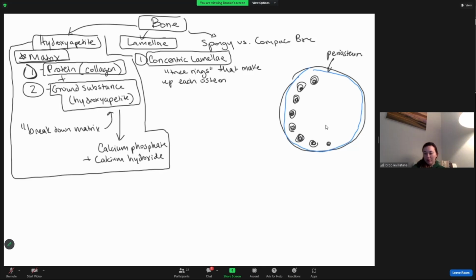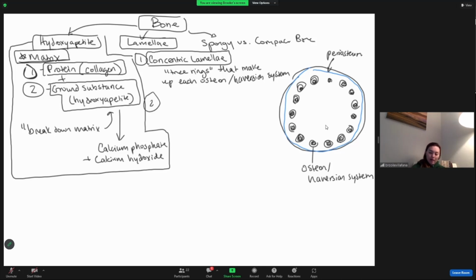Remember how we showed you that blackboard, you had to draw the picture? So let's picture there's osteons right here that I'm drawing, each of these being an osteon or a Haversian system. And remember that would have our concentric lamellae. So that's our first type of lamellae. They basically go around like tree rings, right?